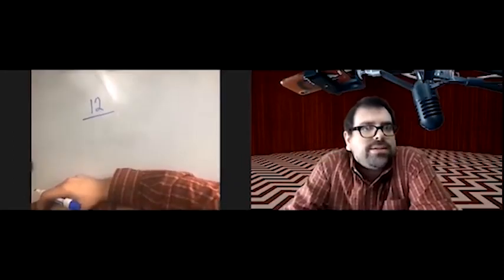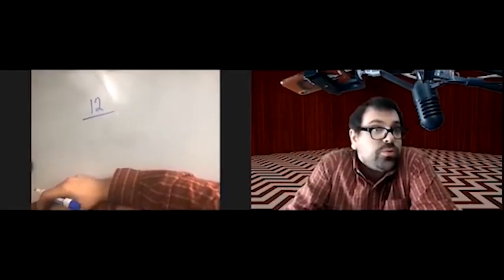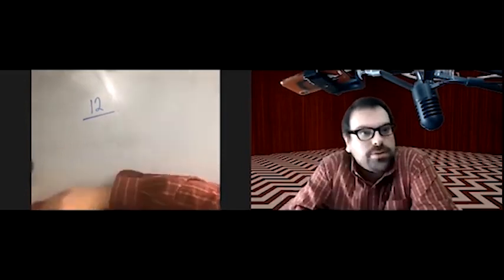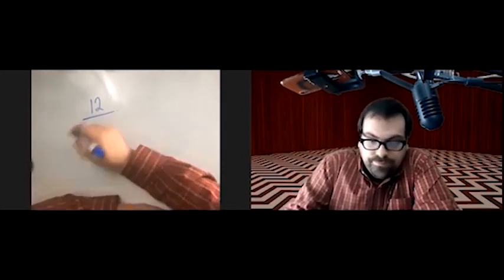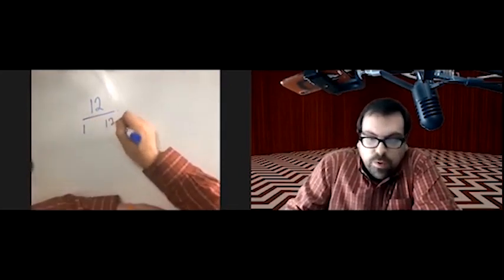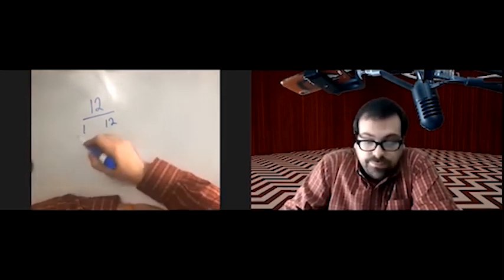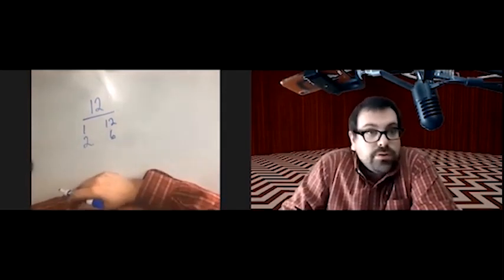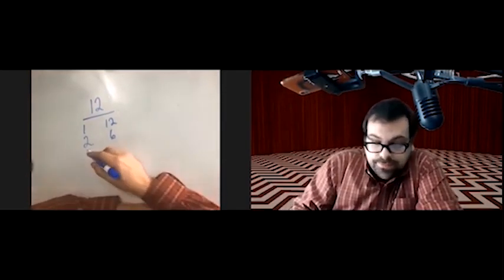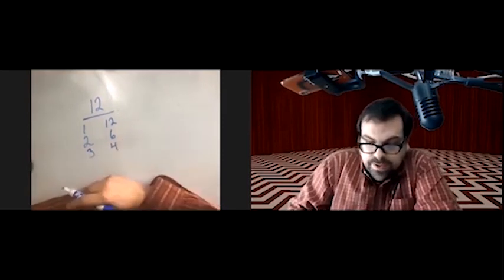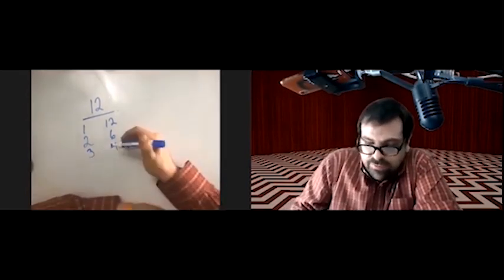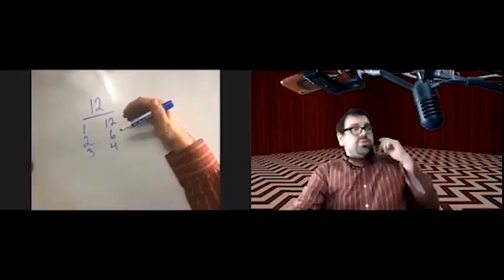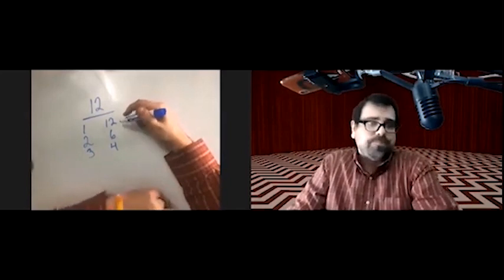What are some ways that we can multiply 2 numbers together, 2 positive numbers, and get 12? 1 times 12. 2 times 6. 3 times 4. We already have 4 times 3. We already have 6 times 2. We already have 12 times 1.